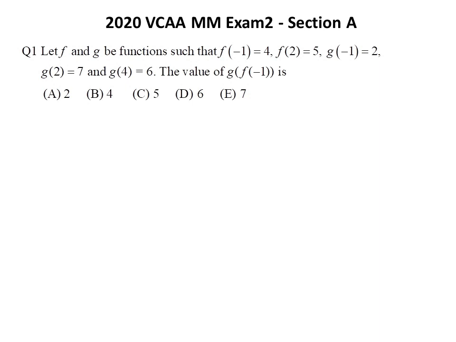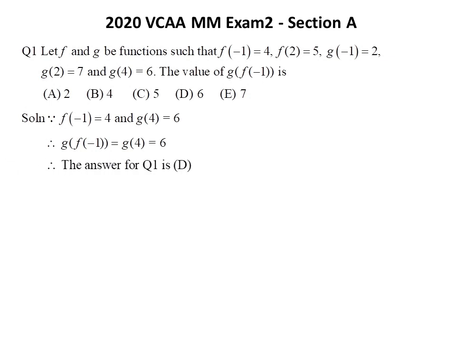The question is to find the value of the composite function g of f of -1. Since it is given that f of -1 equals 4 and g of 4 equals 6, g of f of -1 equals g of 4, which is 6. So the answer for question 1 is D.